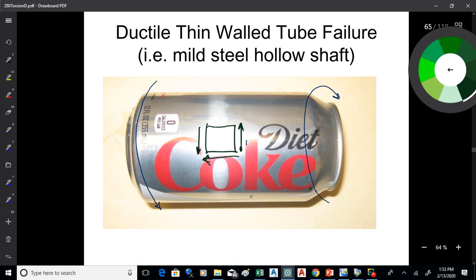So based on that sketch and the one you already made, which way do you expect the compression to act on that? Because remember, the compression will act on a 45-degree plane. So kind of put a diamond in there inside the square. Which way will the compression go? Like that. Good? Okay.